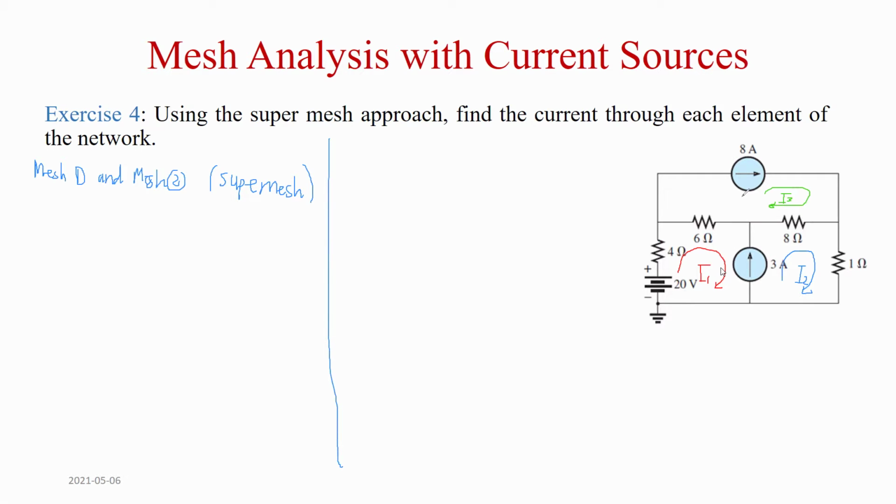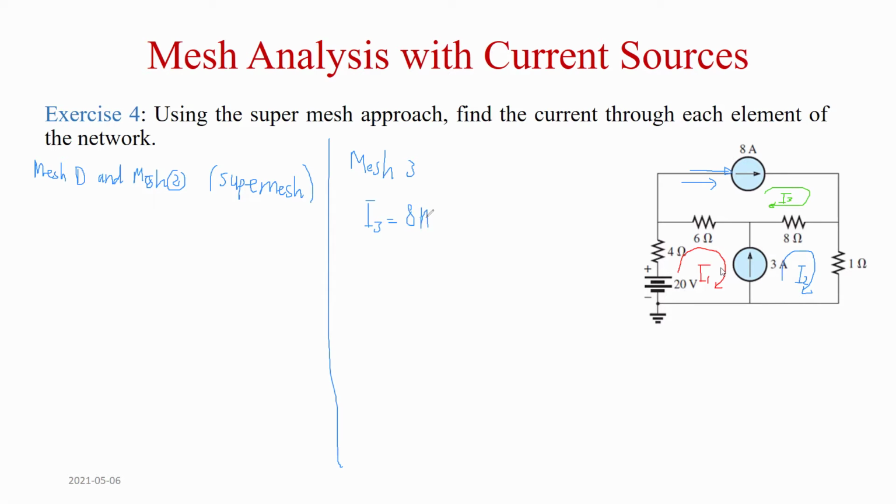What about mesh 3? What about this current? Is it in 1 mesh or 2 meshes? Just only 1. So mesh 3 has a current source and it's only in it, and that means this mesh is solved. This current, 8 ampere, is actually the mesh current I3. So I3 right away equals 8 ampere.